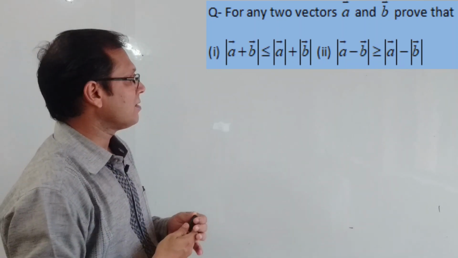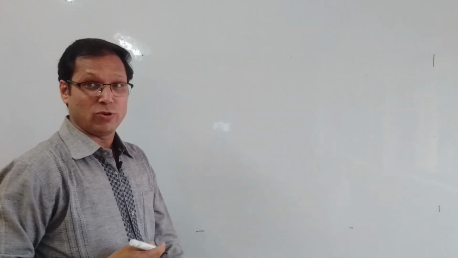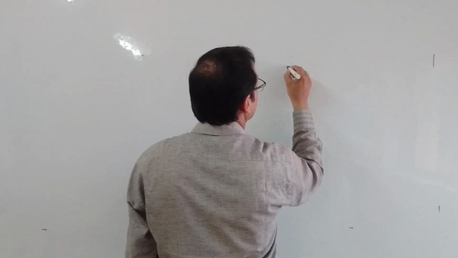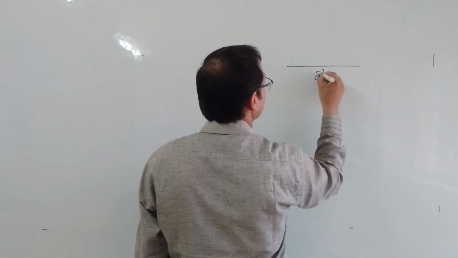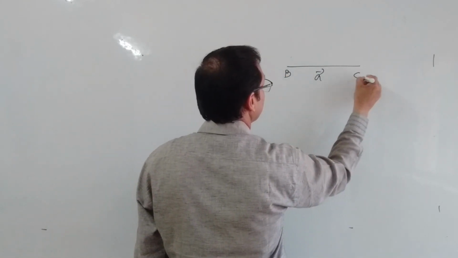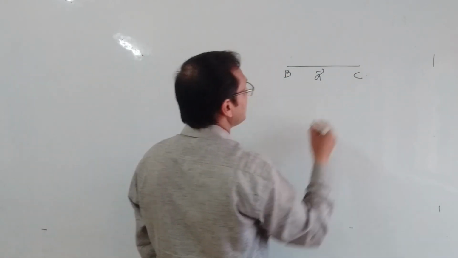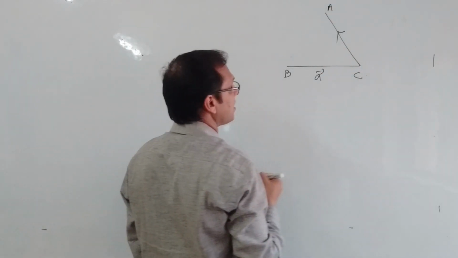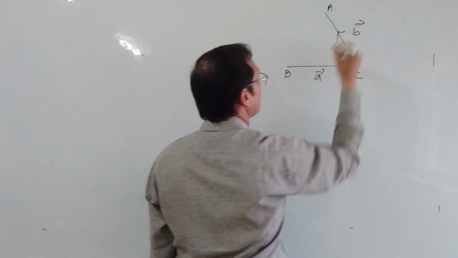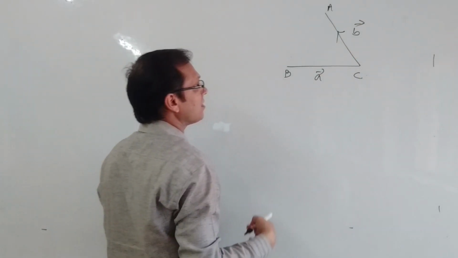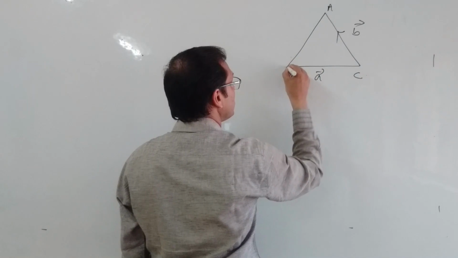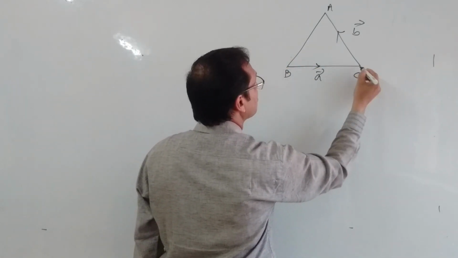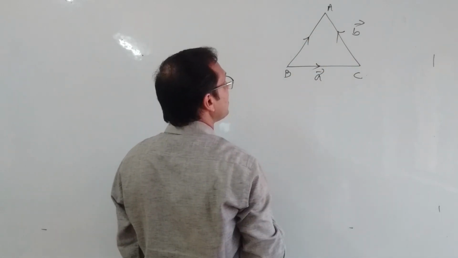So in case 1, if the two vectors are not collinear, that means they are non-collinear, then suppose this one is A vector that is represented by the side BC, and suppose CA side is represented by the vector B vector. They are not collinear. That means if you join these two, AB, then BC plus CA is equal to BA.